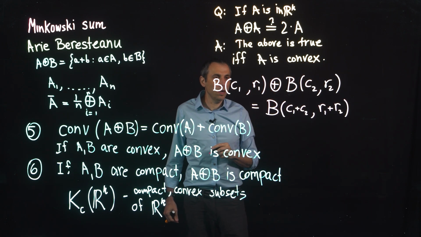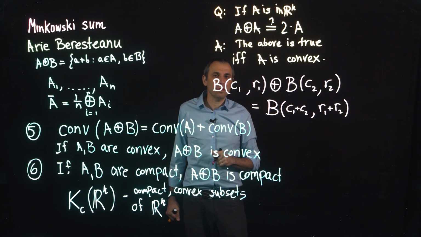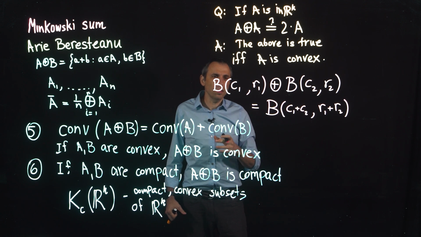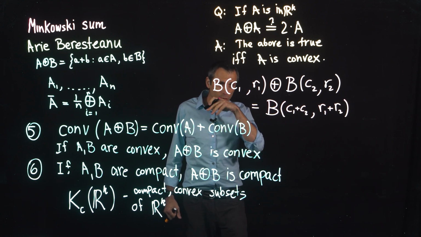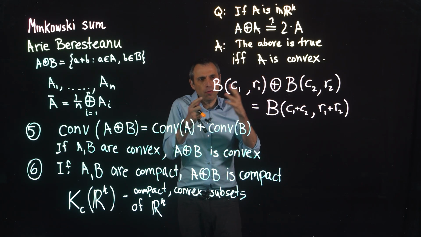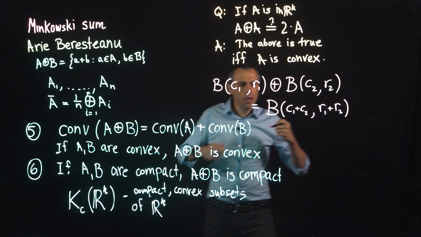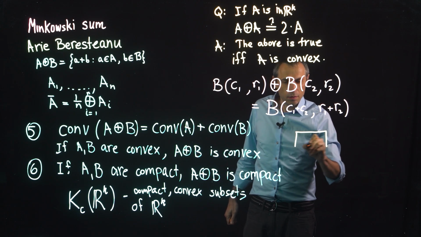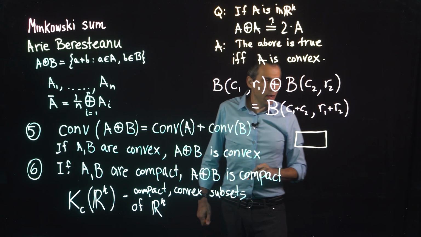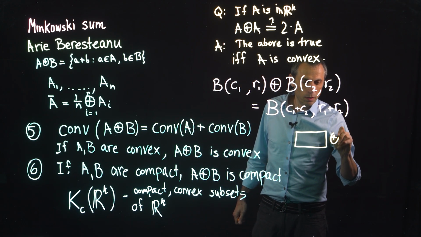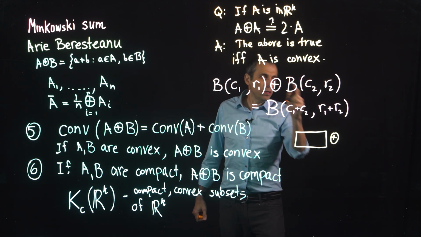And that's nice, and we like that. Now we sum two circles, and that's a good result. But what if we take, instead of writing formulas, let's do a picture. I'm taking a rectangle that looks like this, and I want to sum, by Minkowski summation, some circle, some ball.